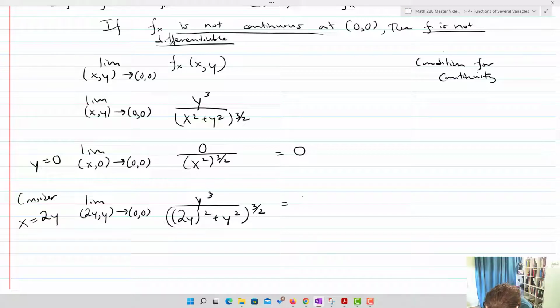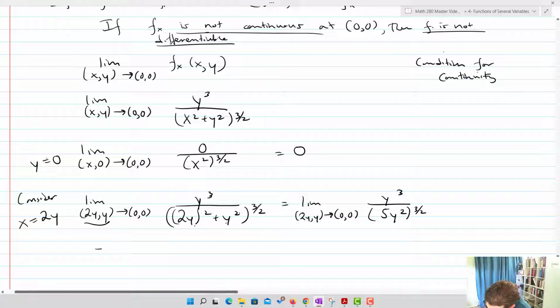And this will then equal the limit, and we'll call this variable t, as t goes to 0. This will be y cubed over, this is 4y squared plus y squared, so that's 5y squared to the 3/2, okay?